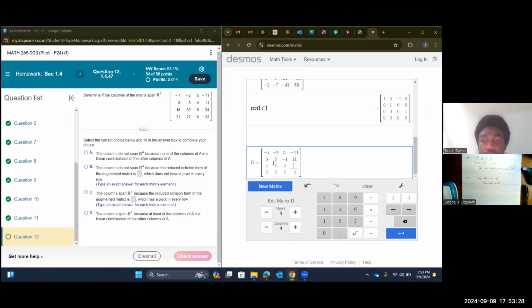But there's no obvious column that is a multiple of another column. Sometimes you can subtract one column from another or add 2 columns together and get another column, and you can see one of these columns is a linear combination of a couple of other columns, but that's not obvious in this particular problem. A row reduction is your correct method of attack.